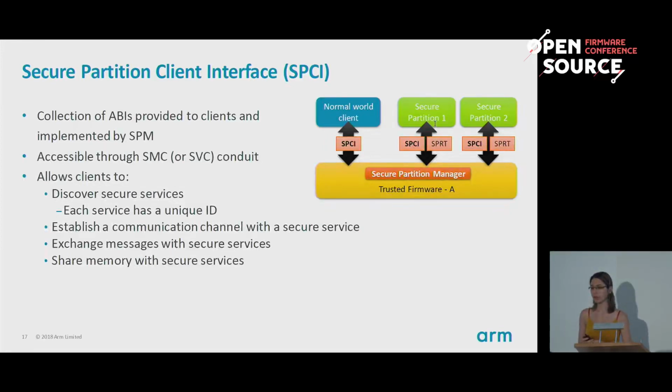The SPCI also allows clients to establish a communication channel with a given secure service when it's been identified, and exchange messages with this secure service. And if there is a big payload to attach to this request, there is a possibility to share some memory between the client and the secure partition to put the payload inside.